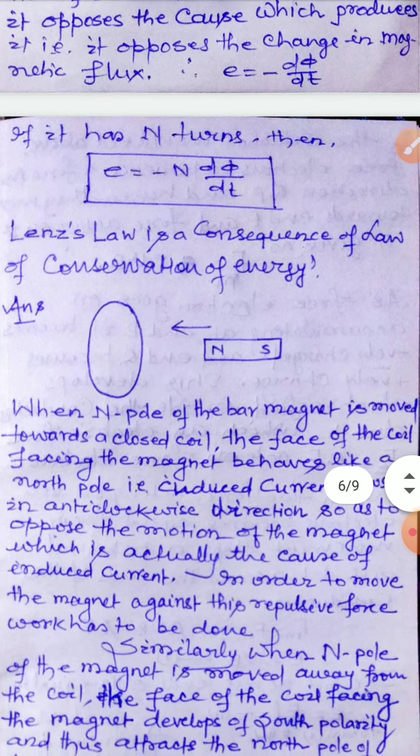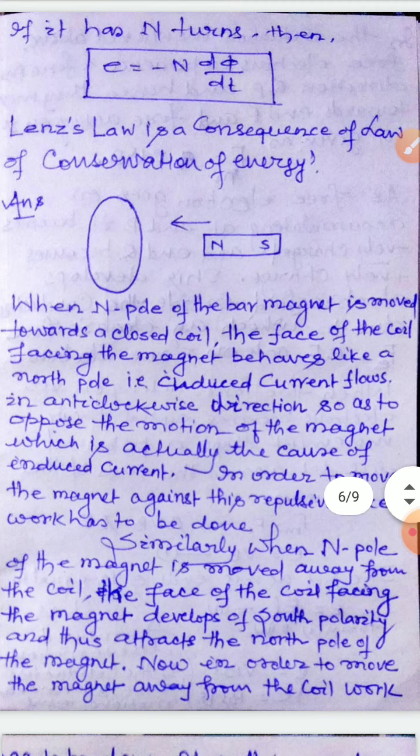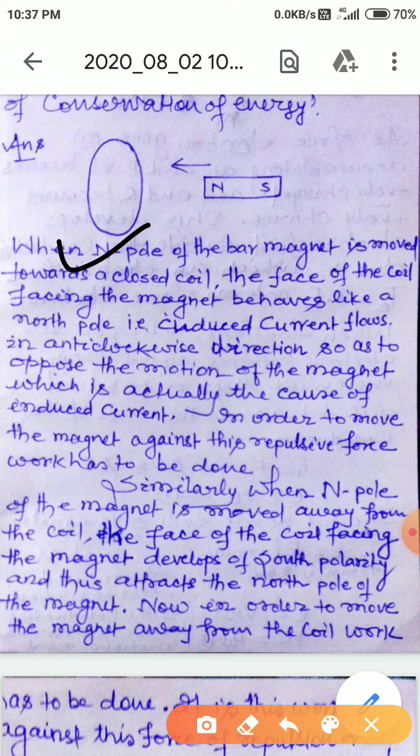Now, a very important question of 2 marks very often asked in the examination is: Lenz's law is a consequence of conservation of energy. Explain. So, the figure shows you a coil and a magnet with the north pole facing the coil, and the magnet is being moved towards the coil.